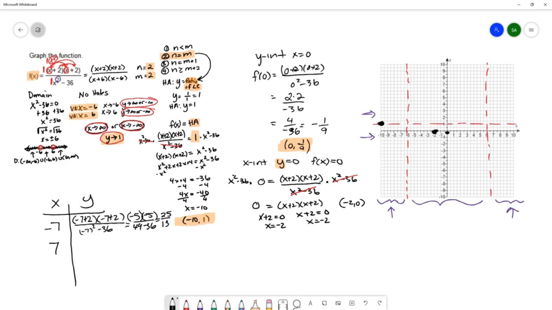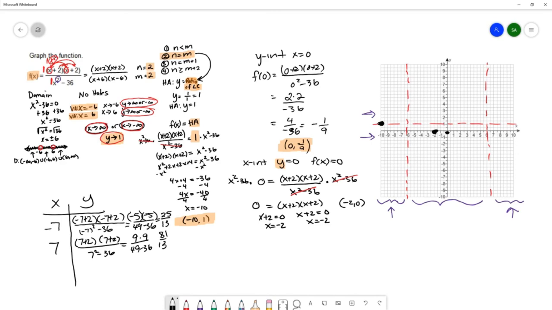We'll do the same thing with 7. We have 7 plus 2 times 7 plus 2 over 7 squared minus 36. 7 plus 2 is 9. 9 times 9 is 81. 7 squared is 49. 49 minus 36 is 13.